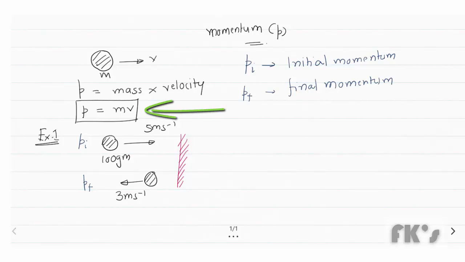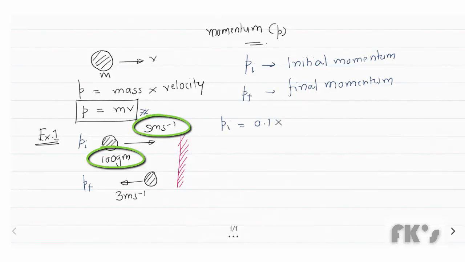I'm going to use this formula to calculate the initial momentum of the ball. It says the mass is 100 grams, and since we are dealing with SI units, I'll convert this into kilograms. So 100 grams converted to kilograms would be 0.1 kilograms. The mass is 0.1 kilogram multiplied by the velocity, which is 5 meters per second.